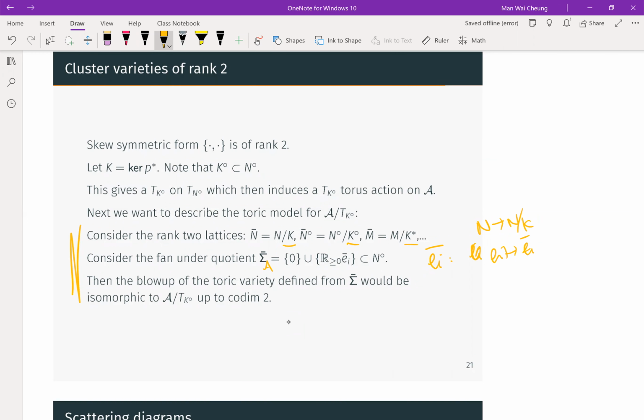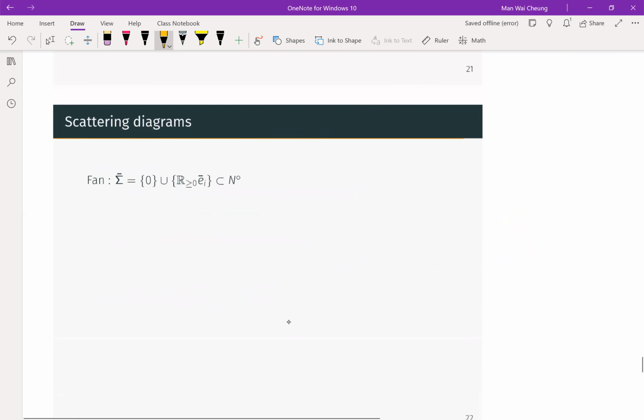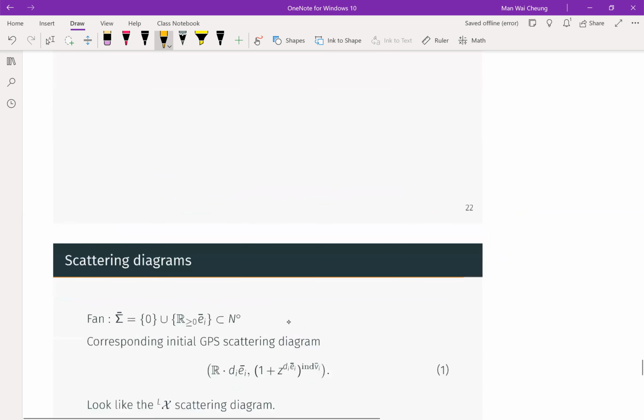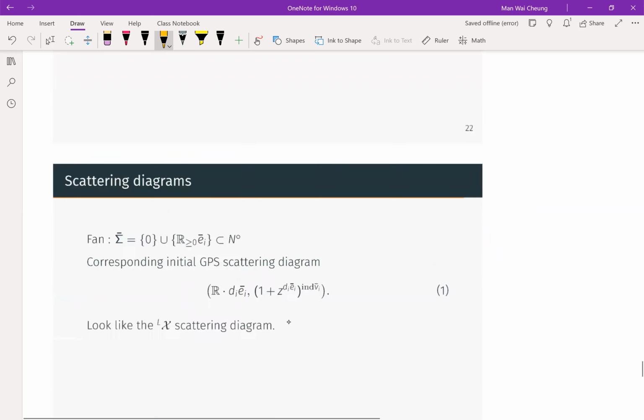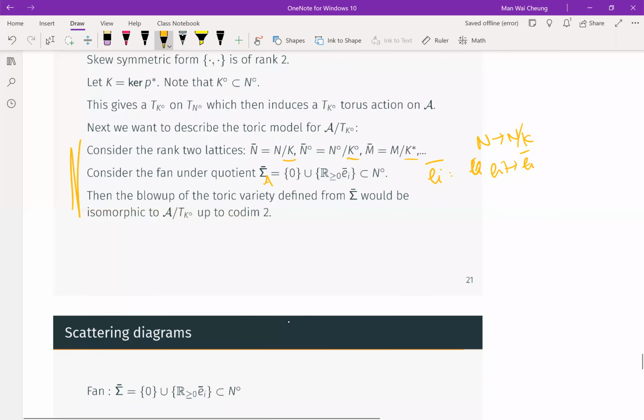And then we just repeat the same procedure. We have a fan, and we have this variety. We look at the blow-up of the variety along the zero locus coming from the quotient. So this is the toric variety we have.